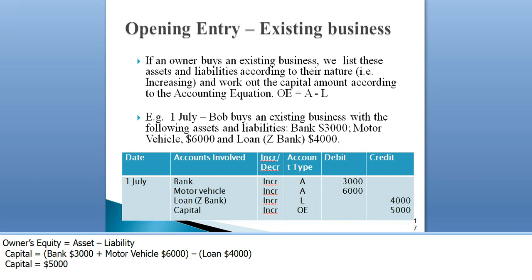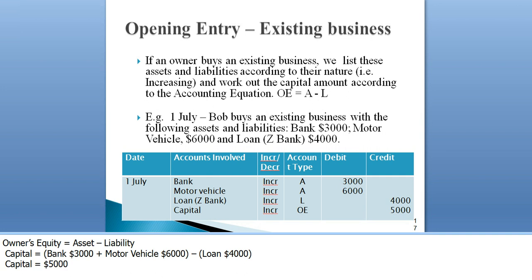So 1st of July, Bob buys an existing business with the following assets and liabilities. Apparently we only have one liability. Looks like we've got the bank 3,000, motor vehicle 6,000. They both belong to the asset, and then we've got the loan of $4,000. So list them down according to its nature. Okay, so we've got the asset and the liability.